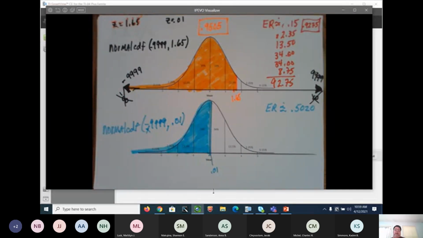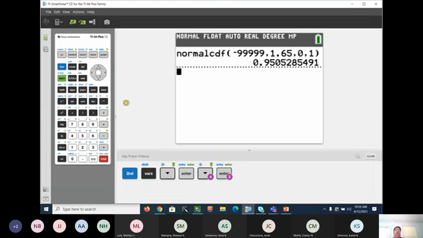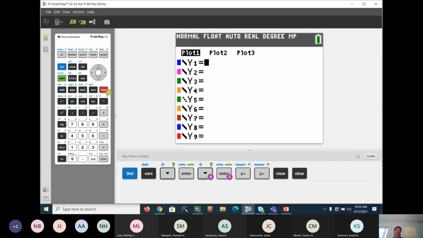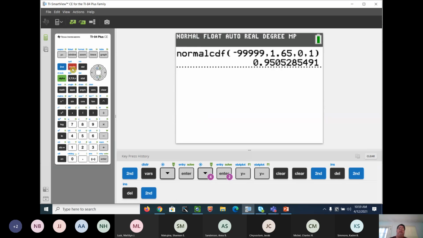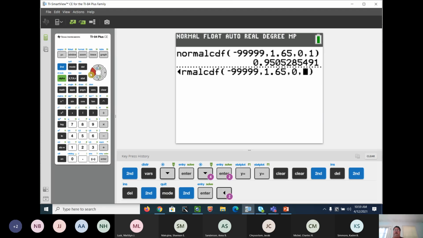So I'm going to take my handy dandy calculator and I'm going to hit second quit now. Second. There we go. And I'm going to change my 1.65 to 0.01 and hit enter.